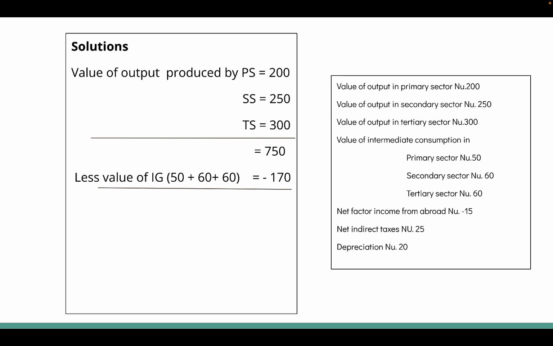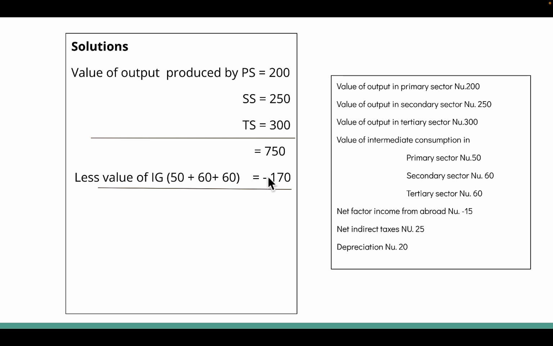The reason why we have to deduct the value of intermediate goods is to avoid double counting. If we include the value of final goods as well as the value of intermediate goods, then it will lead to double counting. So the second step in calculation of national income by using the product method is we have to deduct the value of intermediate goods in each sector.